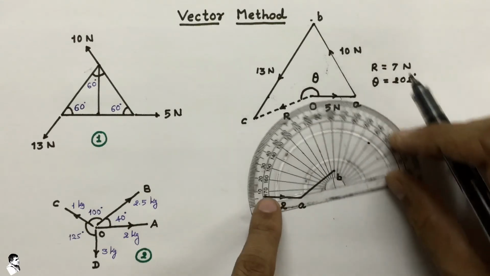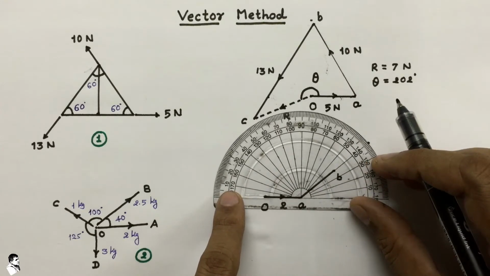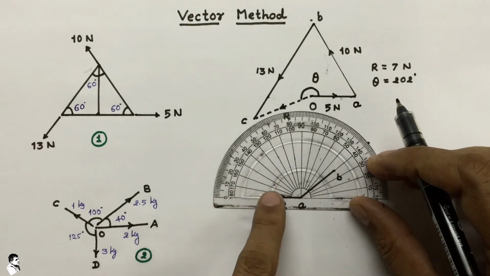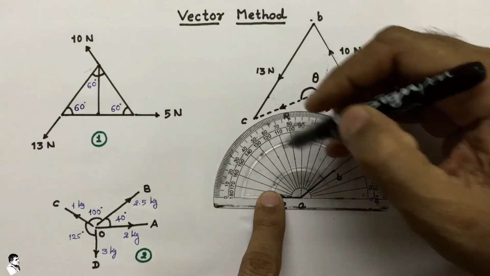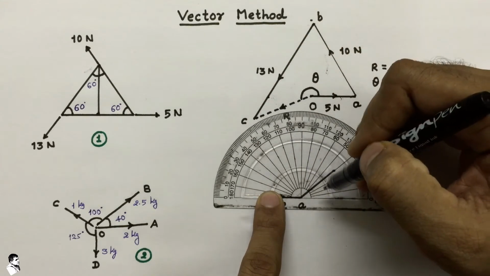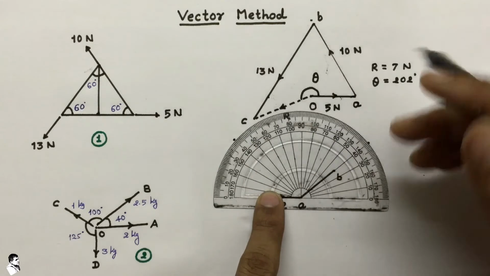This is 40, and that is again 100-degree from that, so the total is 140.